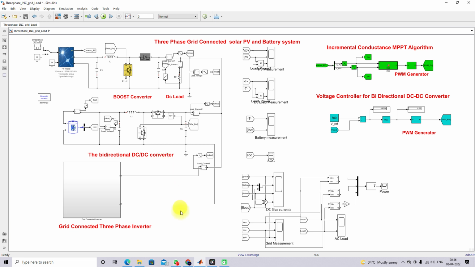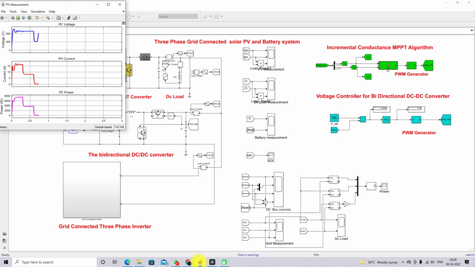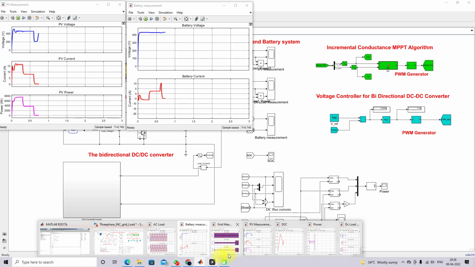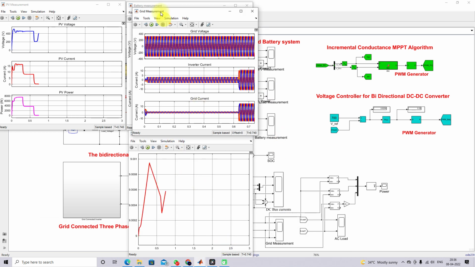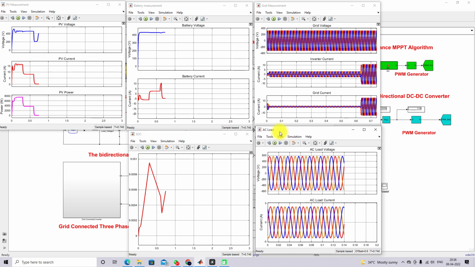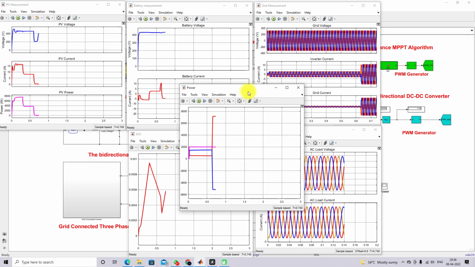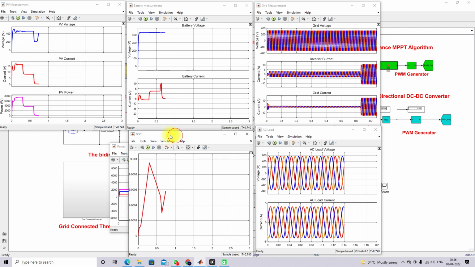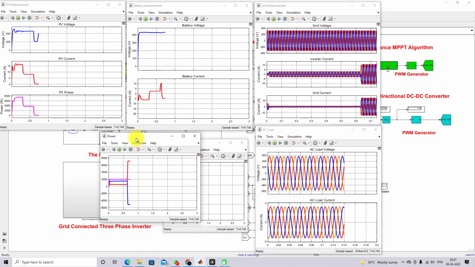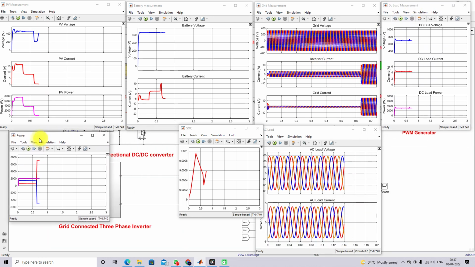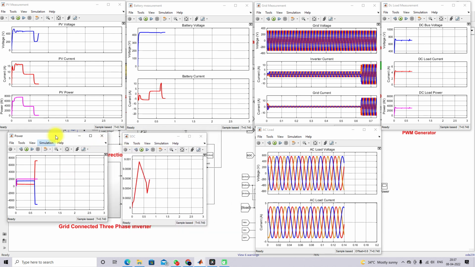Okay, so now I am going to simulate this model. Okay, and then I am going to explain the results.